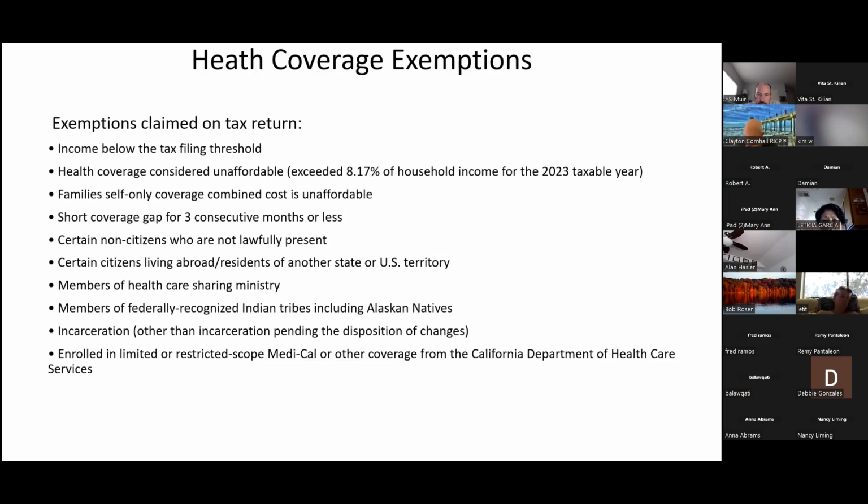So it's a different kind of getting health coverage. Okay, good point. Again, all of this is found in that VITA manual for the state of California.